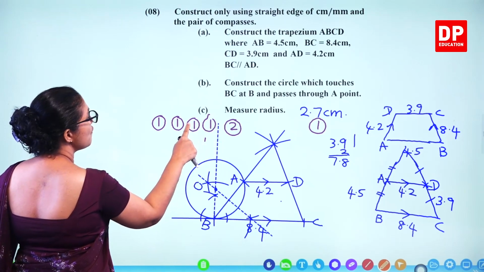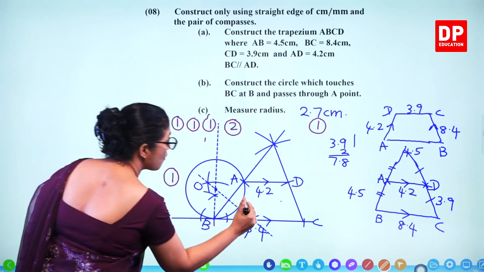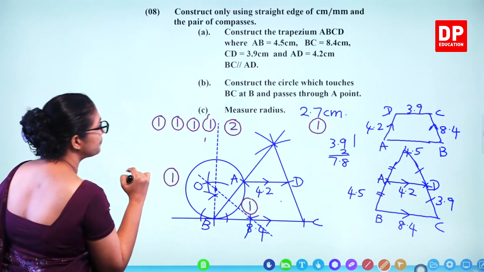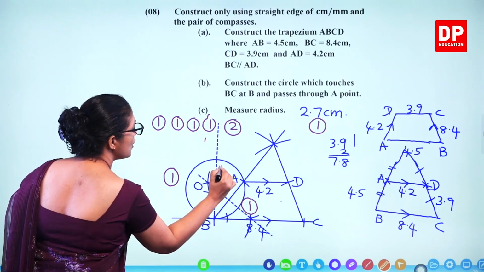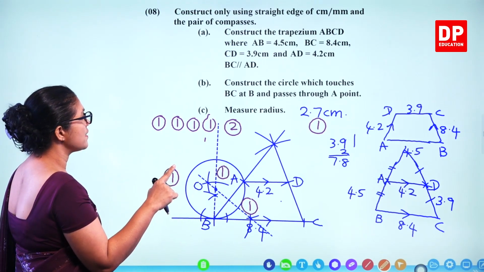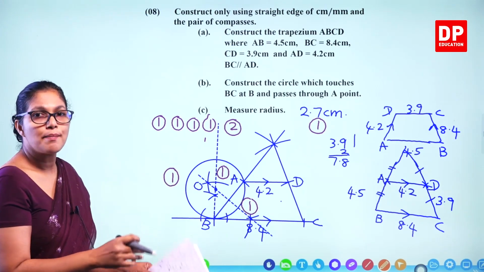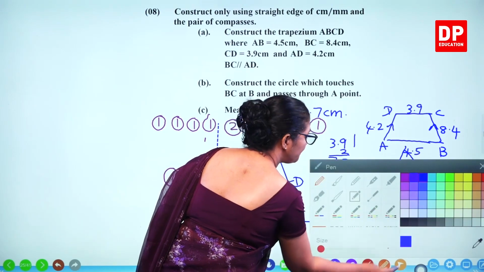Here we'll give 1 mark for the perpendicular and 1 mark for the perpendicular bisector. So 10 altogether. 1, 2, 3, 4, 5, 6, 7, 8, 9, 10. 10 marks for that question. Let's take the next one.